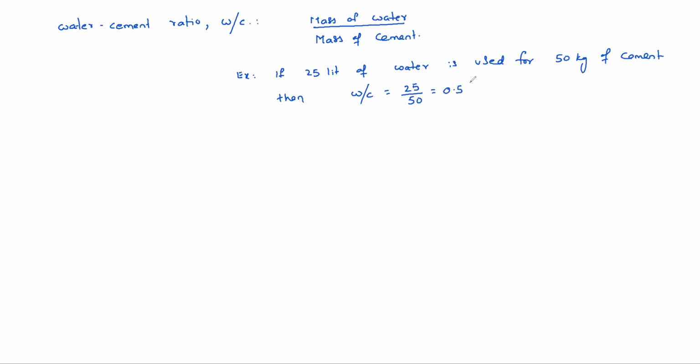If you see the graph of strength versus water cement ratio for a given cement content, it will be like this. Suppose this is the water cement ratio, this is the target mean strength. As the water cement ratio increases, obviously the target mean strength will decrease.